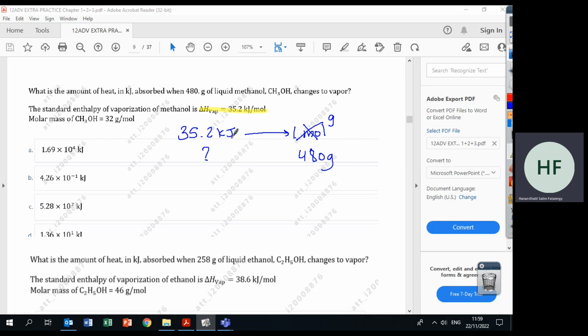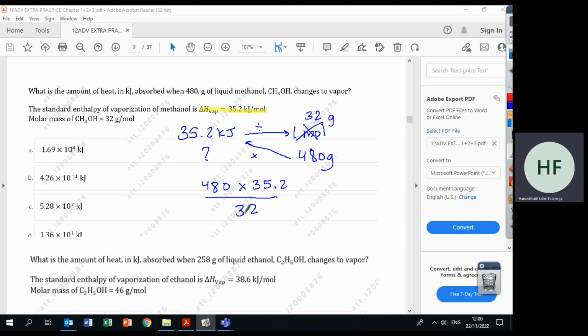Always the ones above each other should be the same. So I need a number here. Where is this number? It is here. 32 grams per mole, meaning for every 1 mole, the mass is 32 grams. So I will remove 1 mole and I will put 32. Now we do cross multiply. This times and divide. So the answer will be 480 times 35.2 divided by 32.